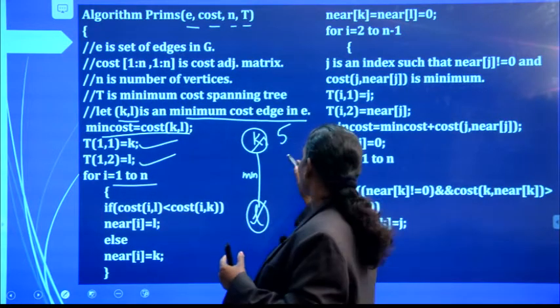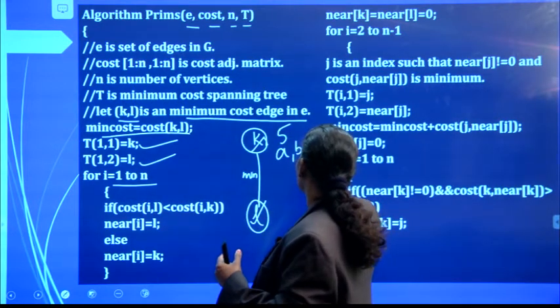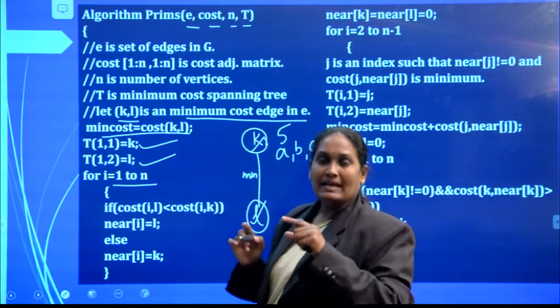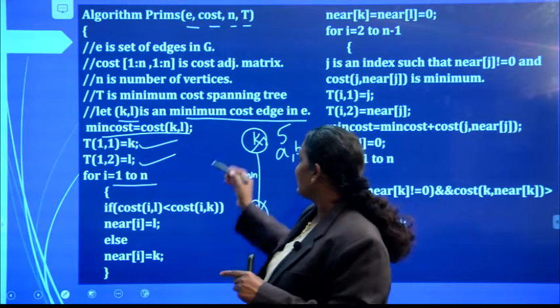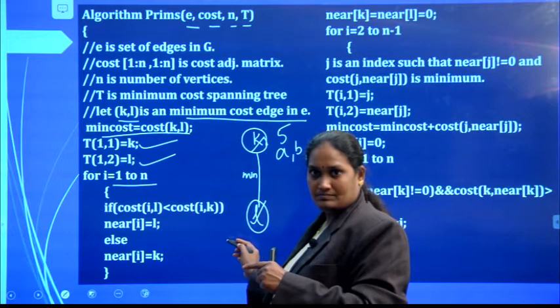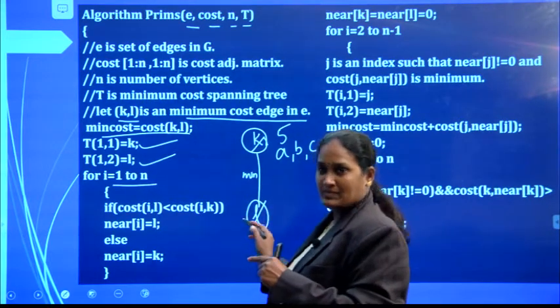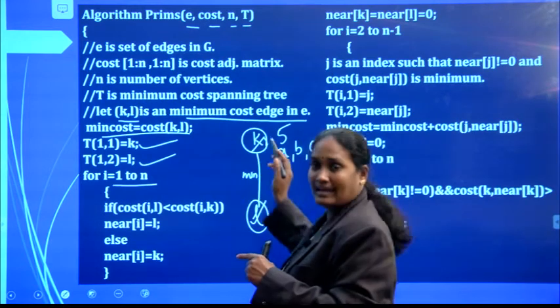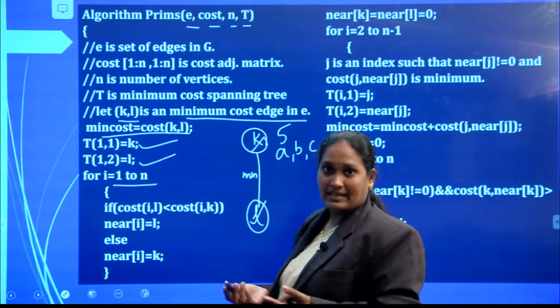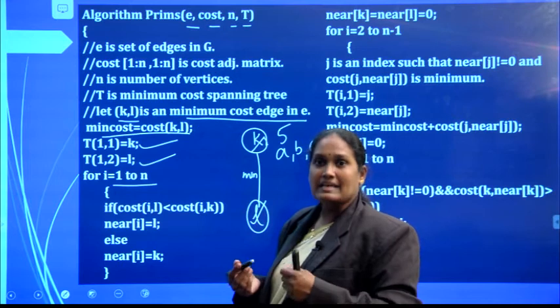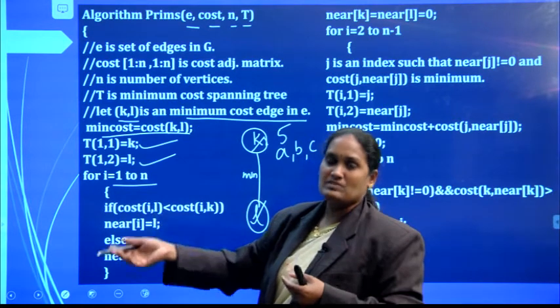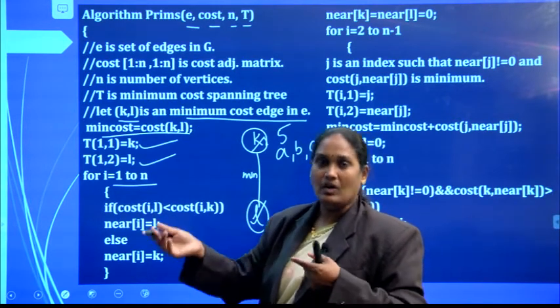Suppose for example those 3 vertices are A, B, C. A is near to either K or L. B is near to either K or L. C is near to either K or L. Like that we are finding which vertex is near to which vertex, whether K or L.